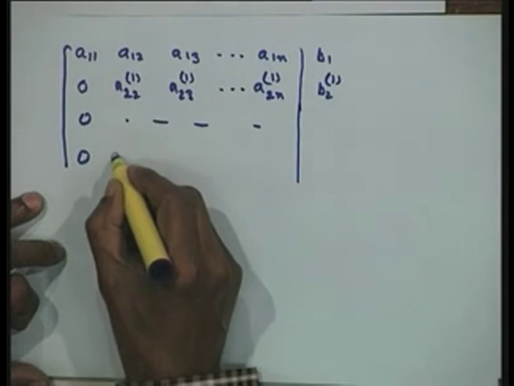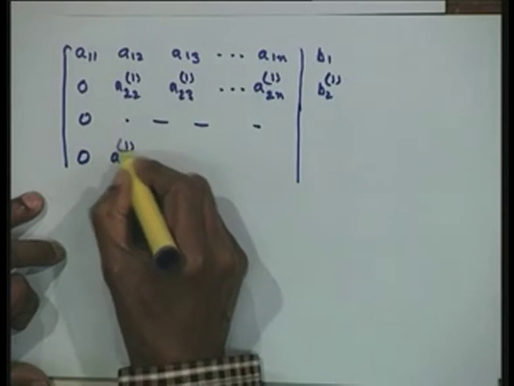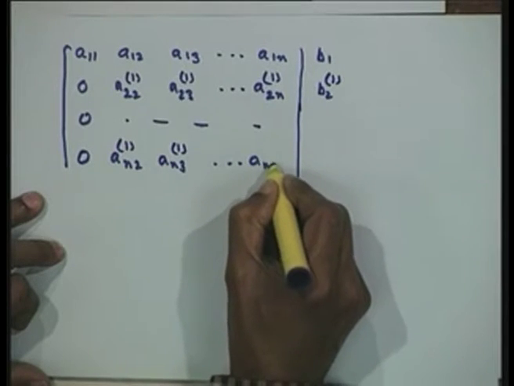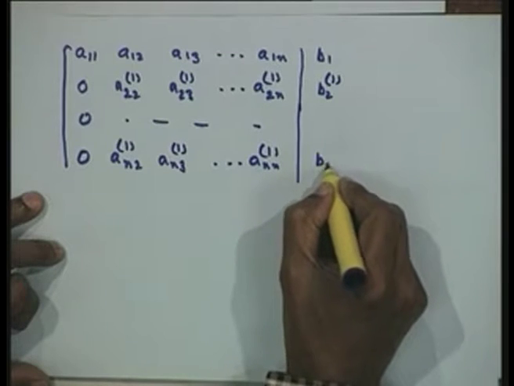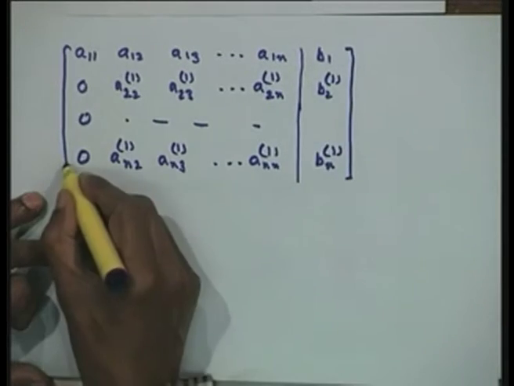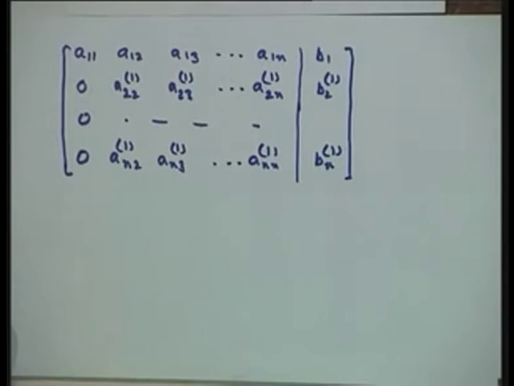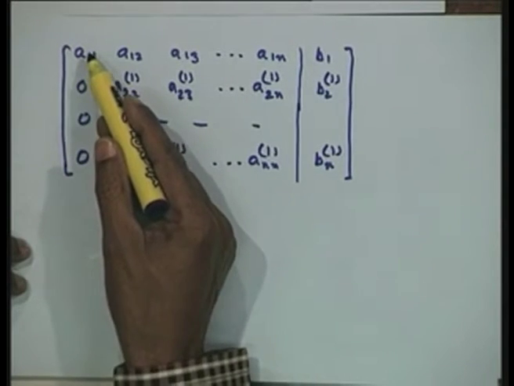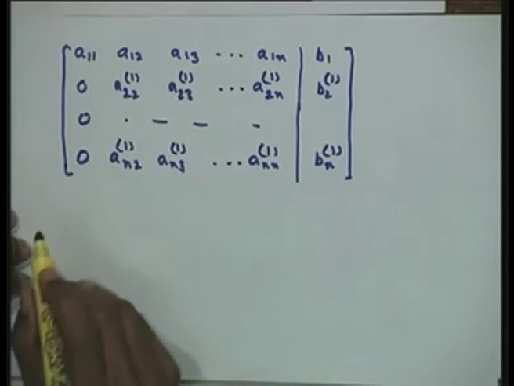So I have a 0 here, an2 of 1, an3 of 1, ann of 1, bn of 1. Now step 1 is over, that I have produced zeros in the first column except for the 1 1 element. Now I proceed to step 2.